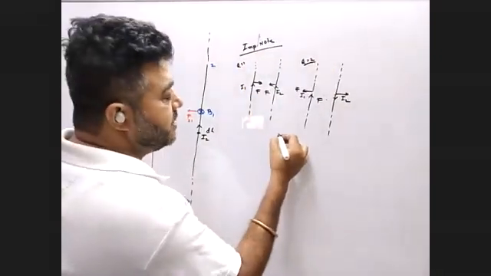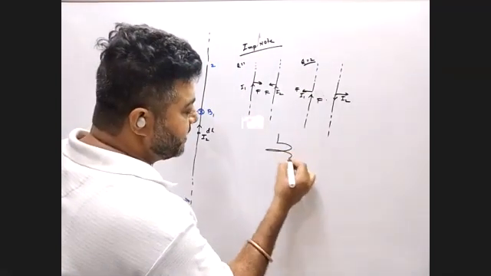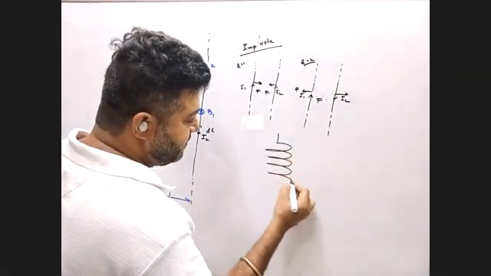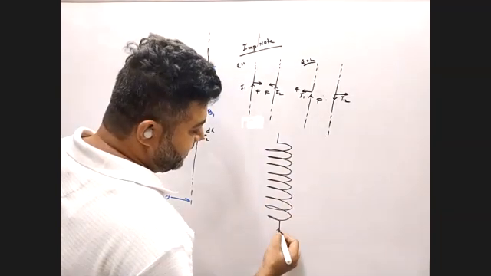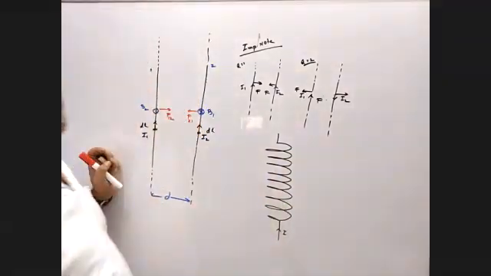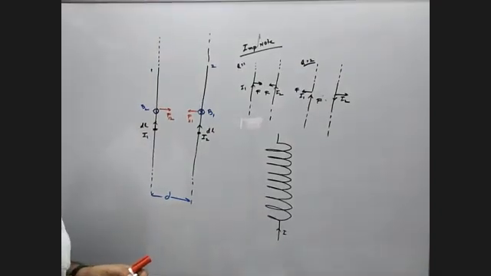Third, they can give you a string and say I is the current flowing through it. What happens in the wire, compression or expansion?